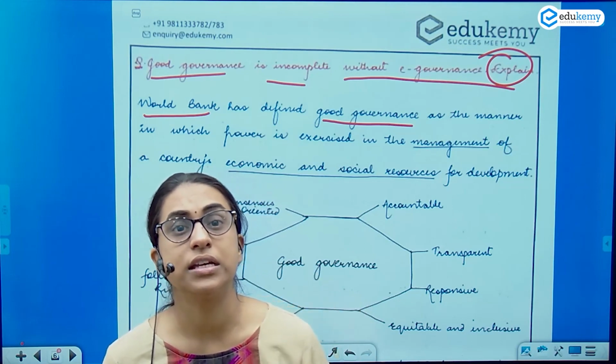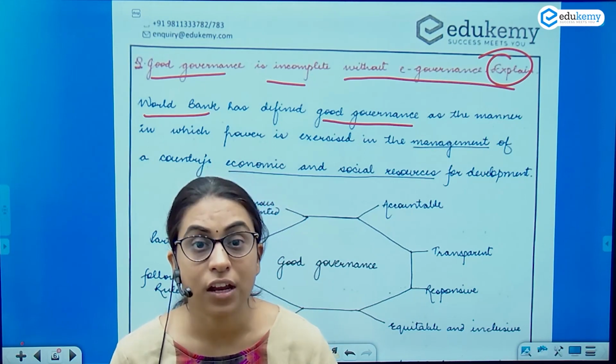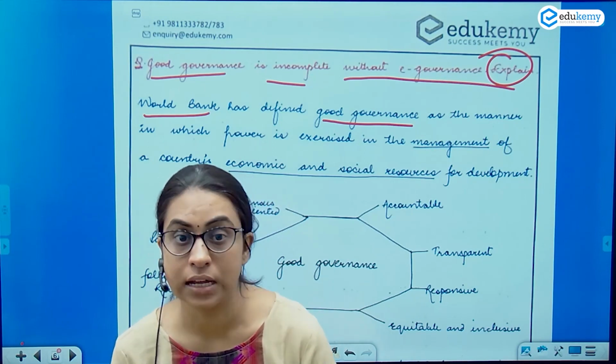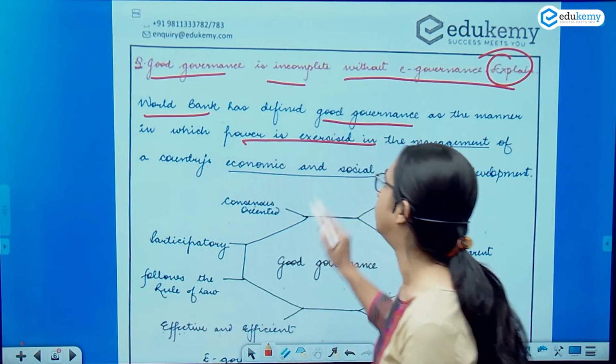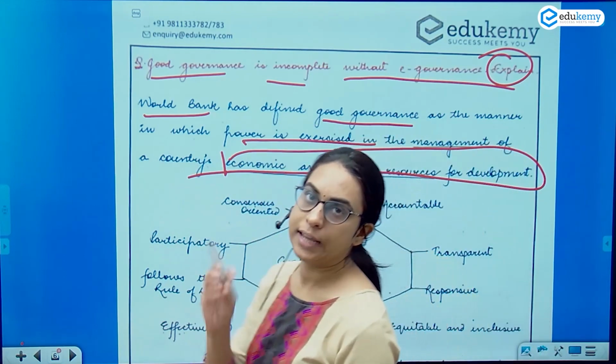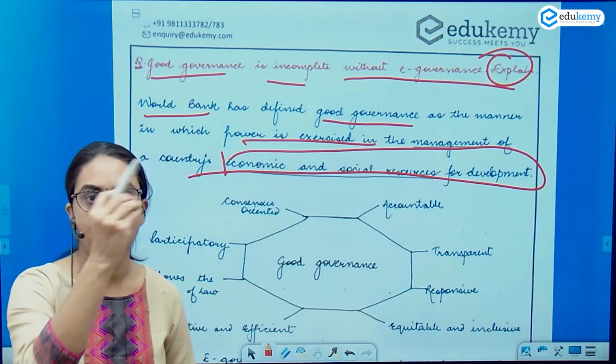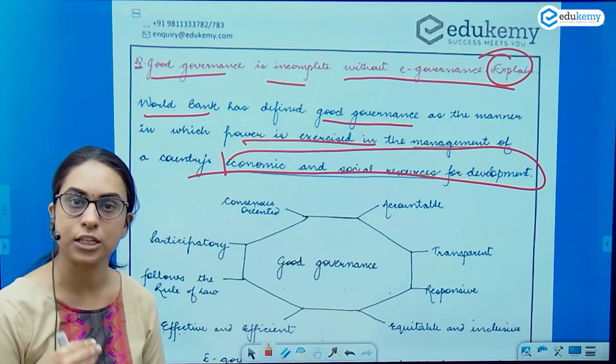Good governance is the manner in which a country is governed, or the manner in which power is exercised in the management of the country's economic and social resources for development. Each country wants development, and for development there are certain people who exercise power.